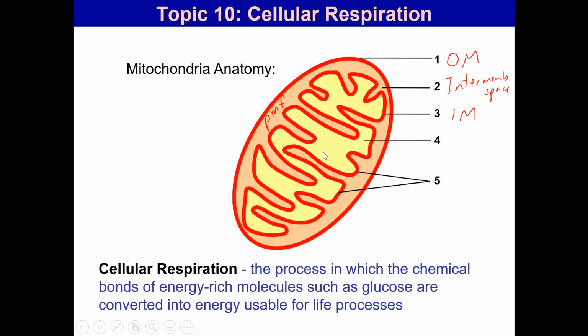And we have the matrix. You can go back and look at your notes from when we drew this picture. The matrix, of course, is where the citric acid cycle is. So TCA, the citric acid cycle. And number 5 is just labeling the cristae, which is just another way to talk about the inner membrane, right?